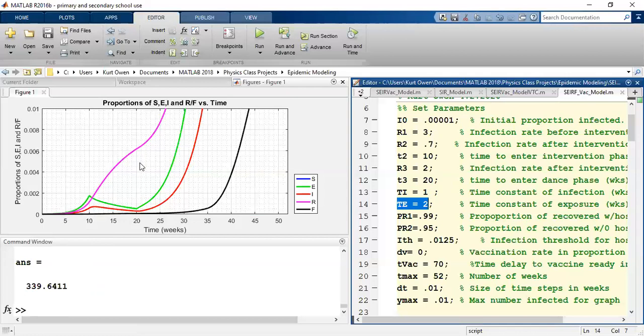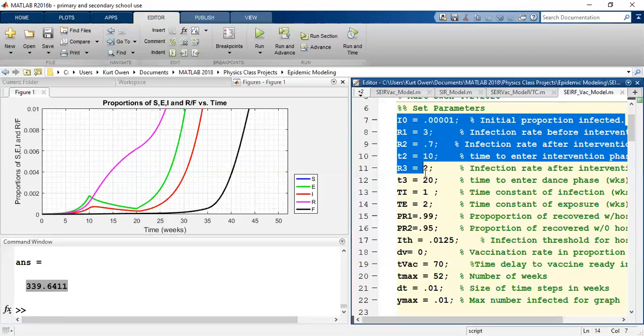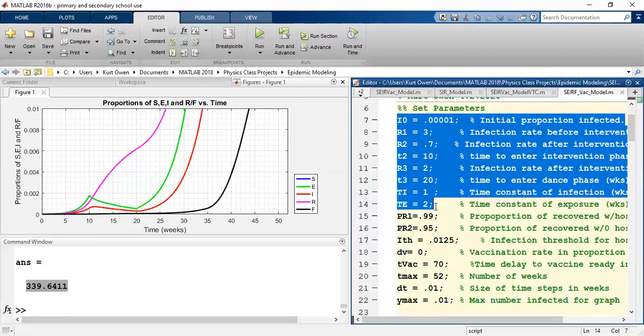So that would be a better model. I'm going to just assume that this is good enough for now. We probably have about 10 times that in fatalities now, maybe even a little bit more. So it will take some playing around with these parameters to get that approximately correct.